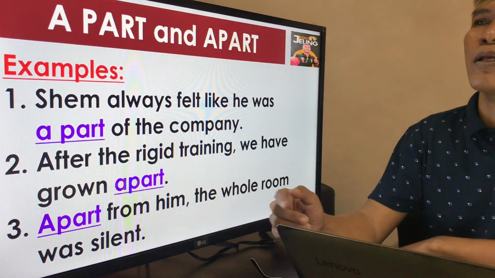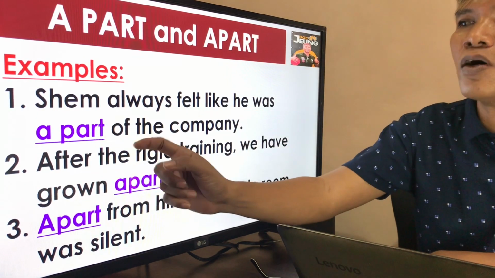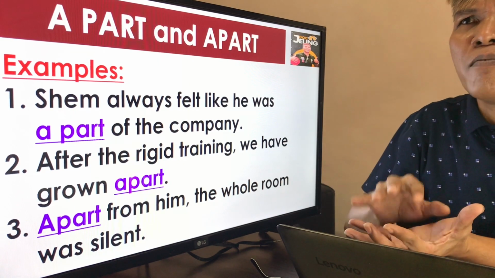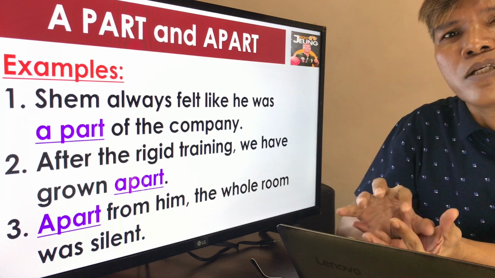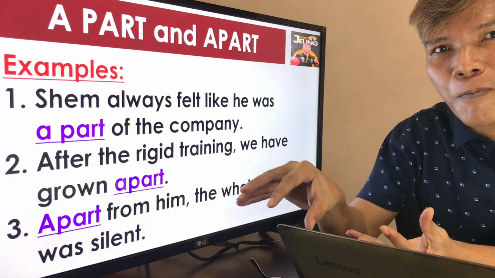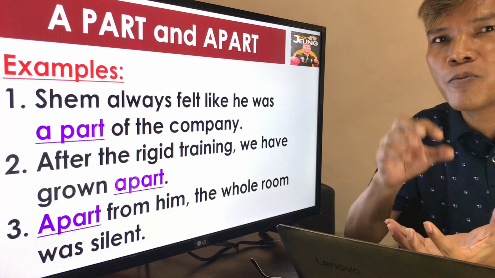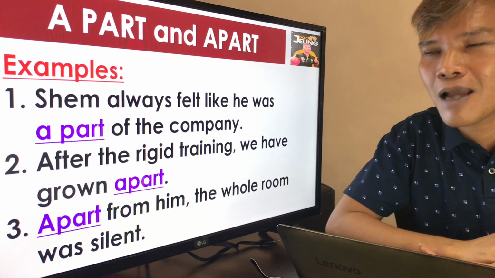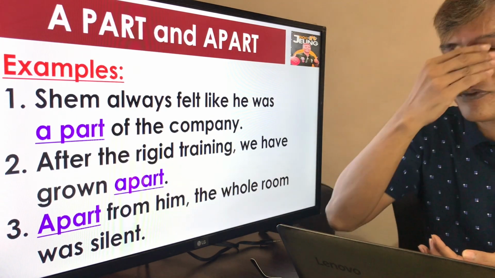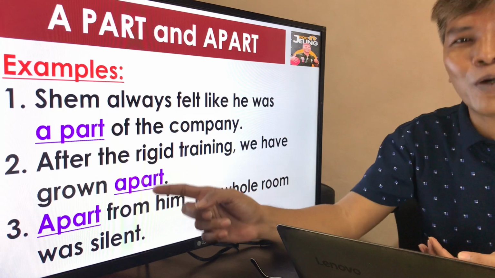Okay, for us to understand better, let's try the examples. Look, Shem always felt like he was a part of the company. So it is like Shem belongs to the company because he has a part there, he has a portion in that company. That's why we use a part. Number 2. After the rigid training, we have grown apart.